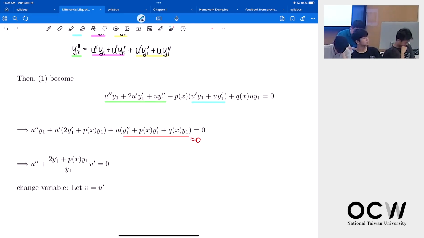Then we only have this term. And we divide by y1. So I have u double prime plus something times u prime equals 0.